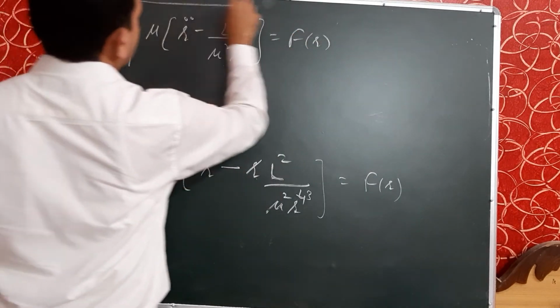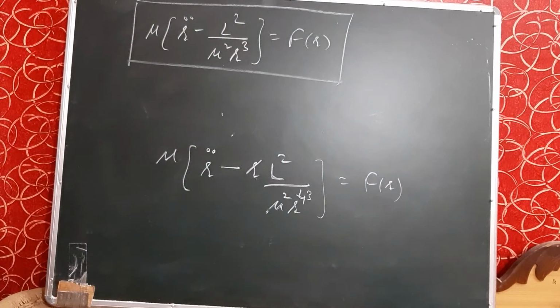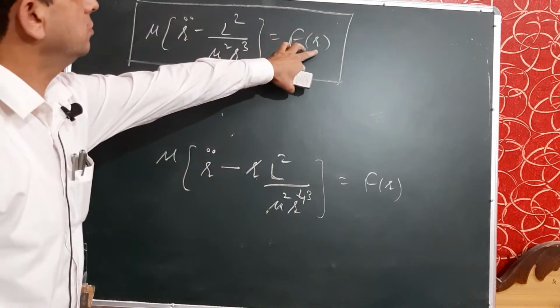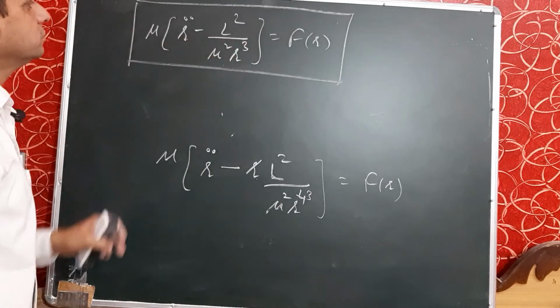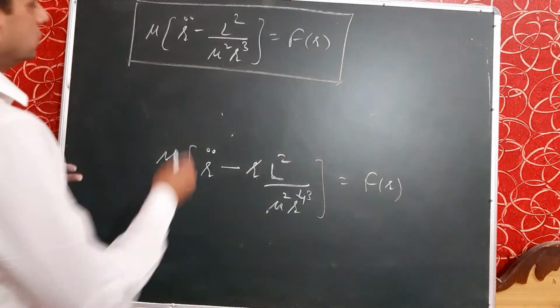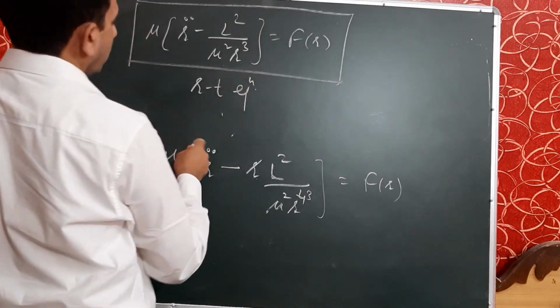So this is basically a combination of equation number 4 and 5, and this equation is purely in r form, because there is the variable r on both sides along with t. So this is called the RT equation. Why RT?